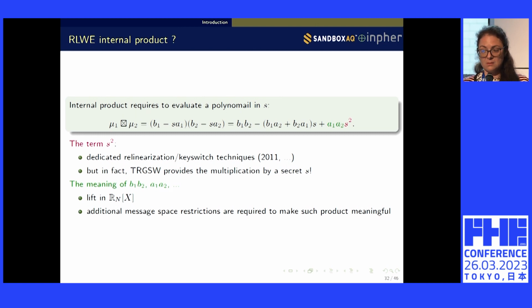But in fact, we can also use the ciphertext of a ring GSW to provide the multiplication by the secret S. Now what about the meaning of all the other terms? B1, B2, the multiplication, as we said, we cannot do directly an internal product between elements of the torus. That means we should lift them first into the real polynomials and add some special message space restrictions to make such a product meaningful.